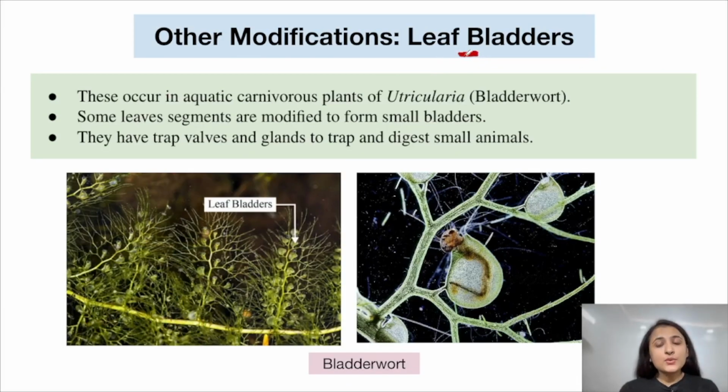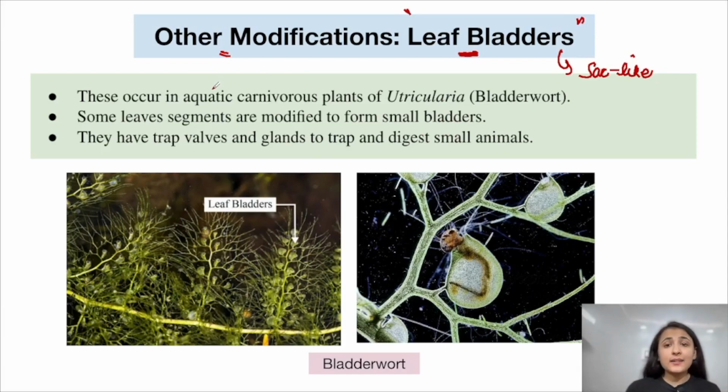Now let's come to modification number 3 under the category other modifications. Okay, so this modification is leaf bladders. Now what are bladders? Bladders are certain sac-like structures, just like the pitcher, which was a container or a sac-like structure to hold something. Similarly, bladders are also sac-like structures.